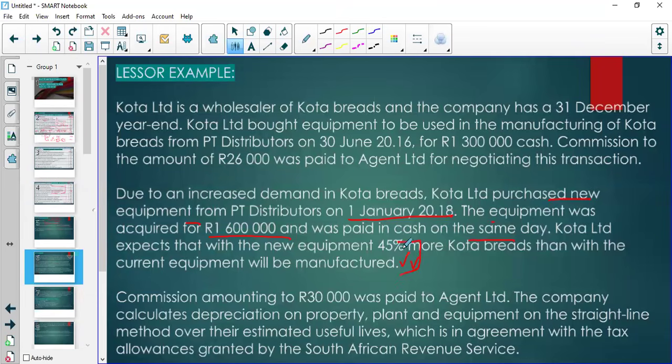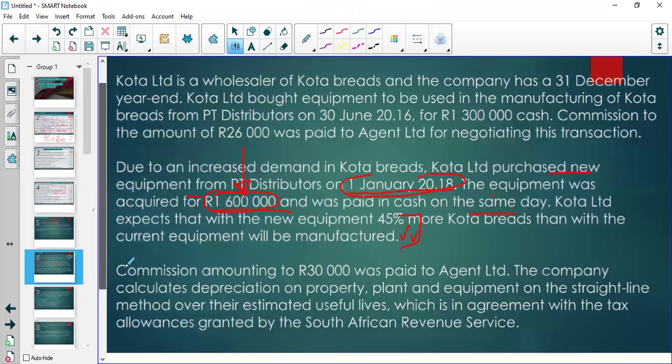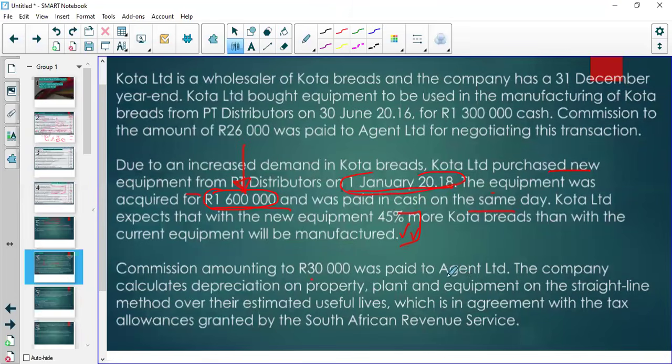So the new one is 1.6, and then we will apply the allowances on the 1.6. Then commission amounting to 30 was paid to Agent Limited.